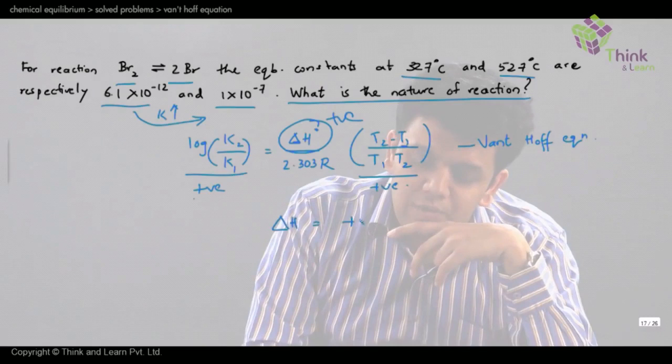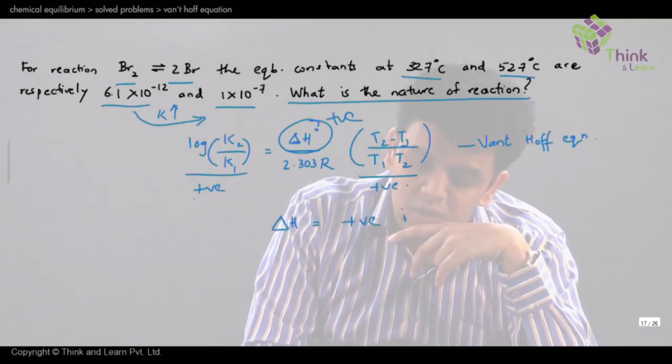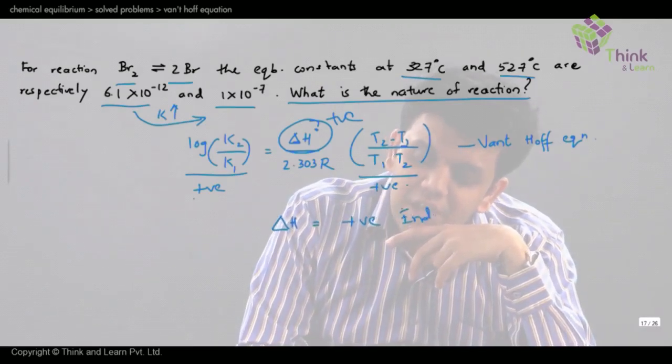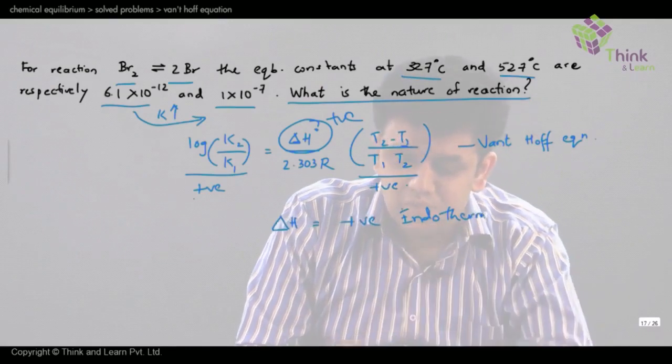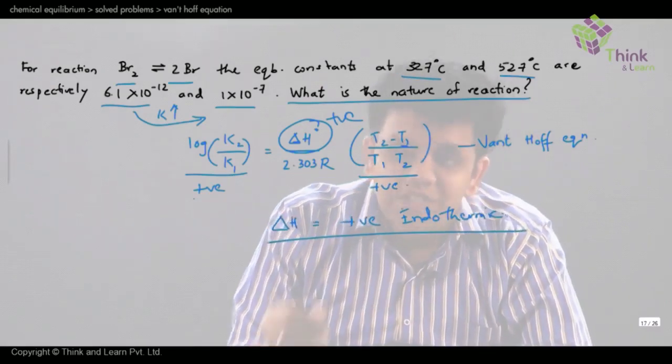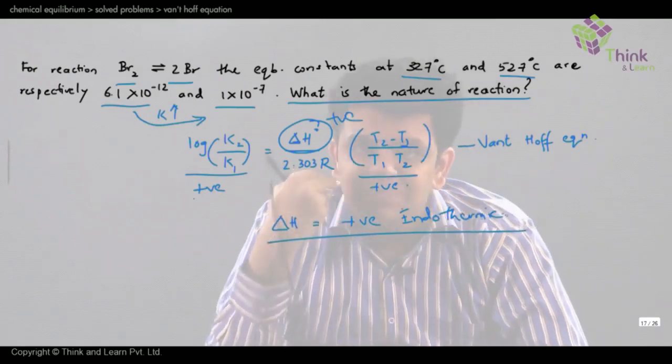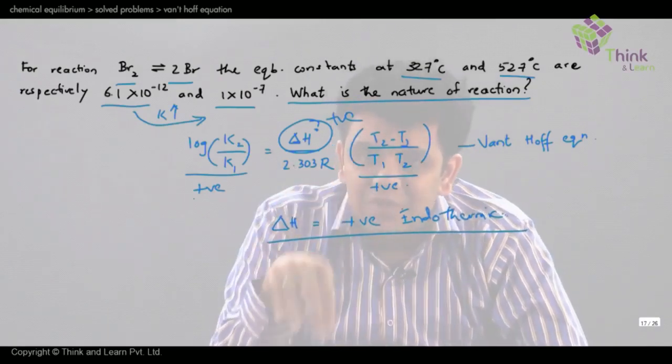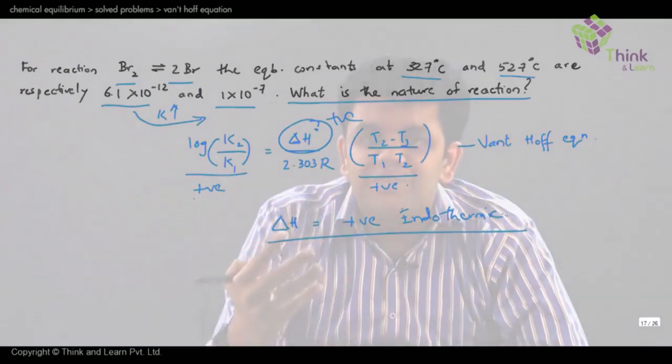If delta H is positive, it means the reaction is endothermic, right? So this is the way in which you interpret problems and solve them in such a way that it becomes very logical.